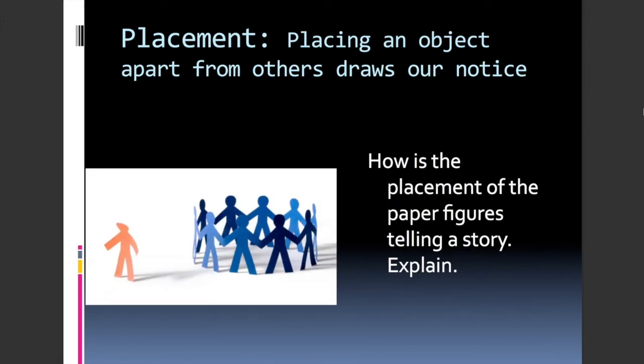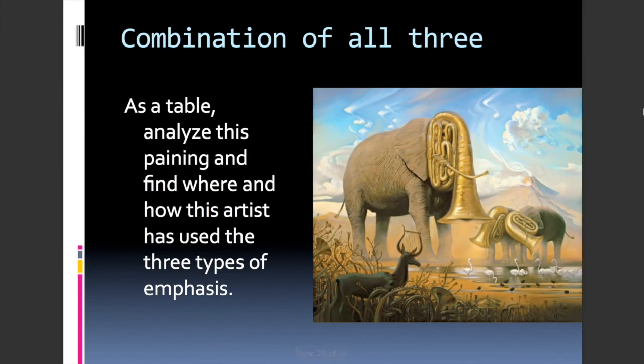And another way to get attention and to use emphasis is in the placement of those objects. This image here uses color and space effectively to draw attention. And when you use them in combination, they can be very, very effective.